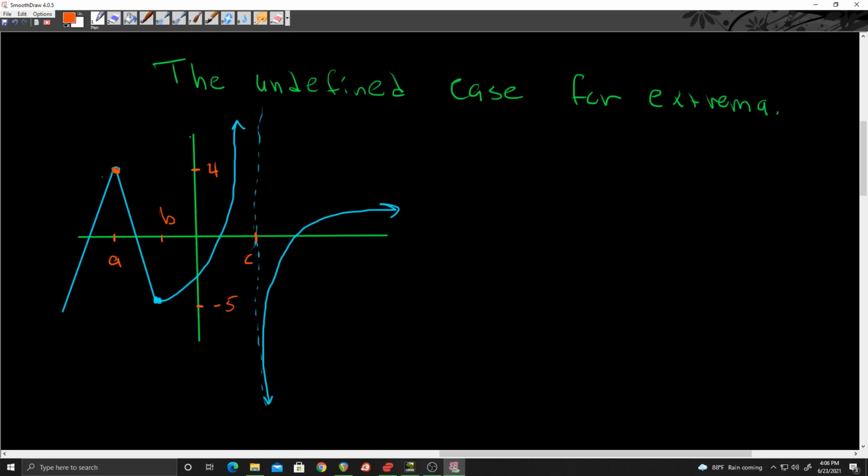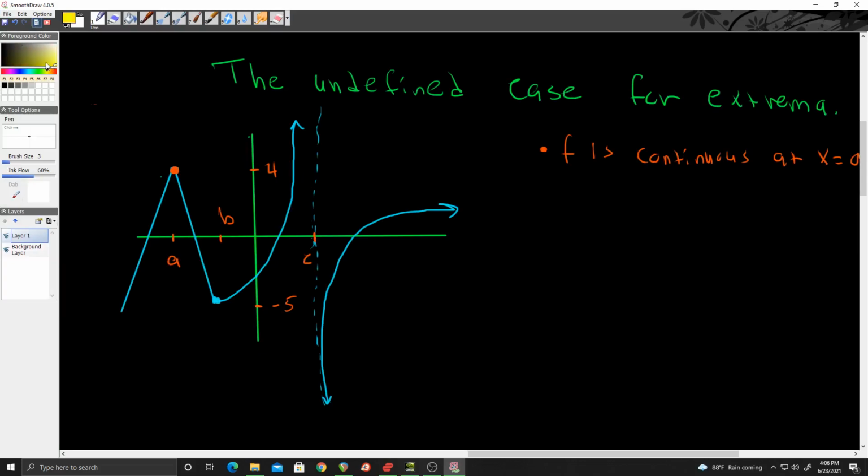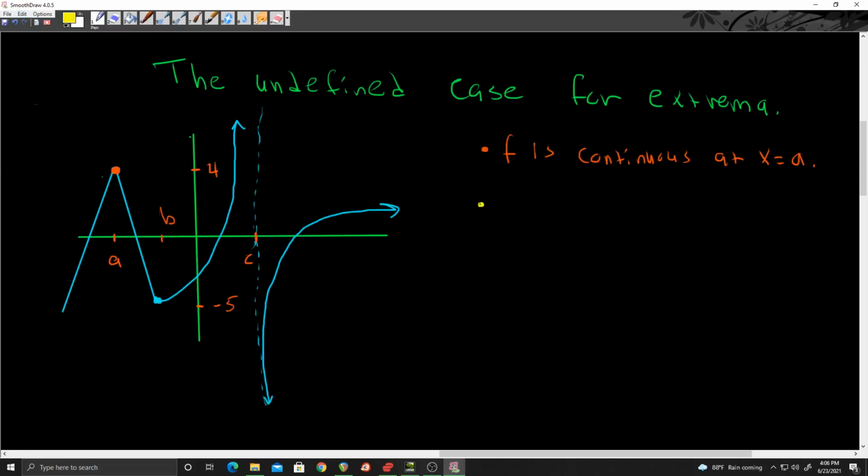So, let's look right here. Here's situation 1. So f is continuous at x equal a. We do not have to lift our pencil. However, the slope is not continuous.